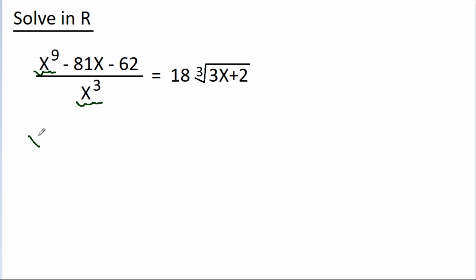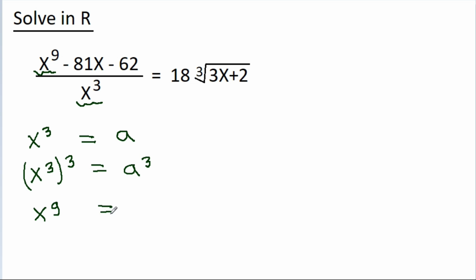If we take x^3 as a and cube both sides, then (x^3)^3 is a^3, and x^9 is equal to a^3. And we have the cube root of (3x plus 2) and 81x.